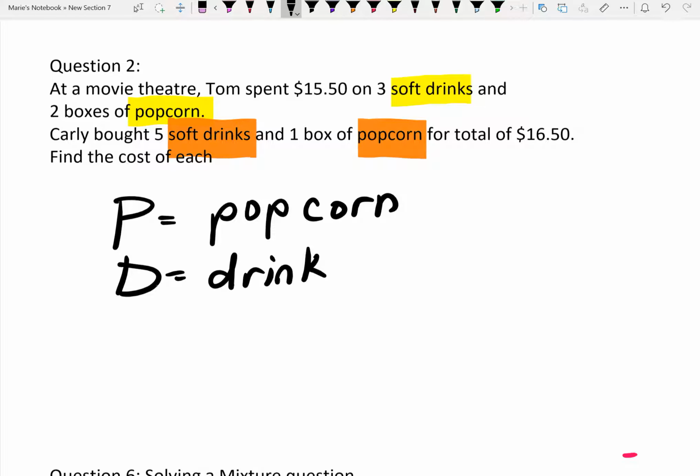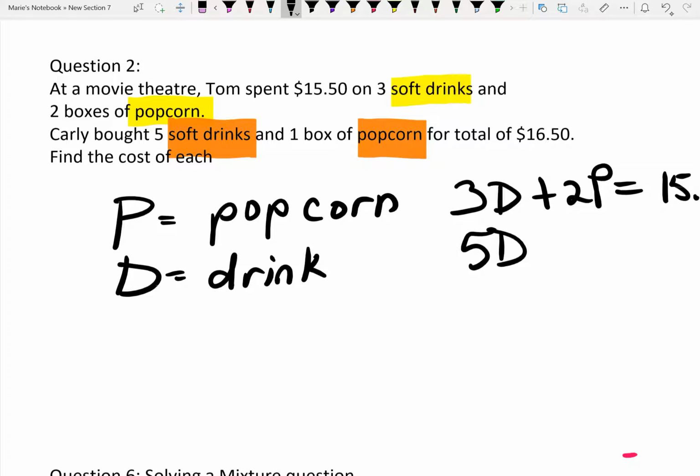And now I need the quantity. So we'll look at Tom's expenditure. Tom purchased 3 soft drinks, so Tom is 3D plus 2P, and he spent $15.50. Okay, Carly bought 5 drinks, she was really thirsty, and 1 box of popcorn, and her total was $16.50.